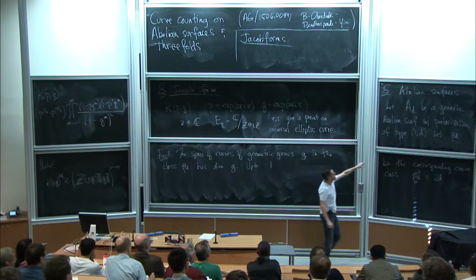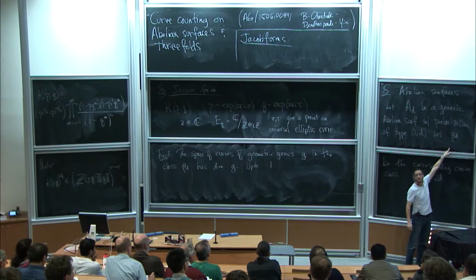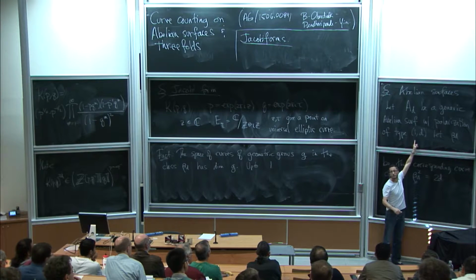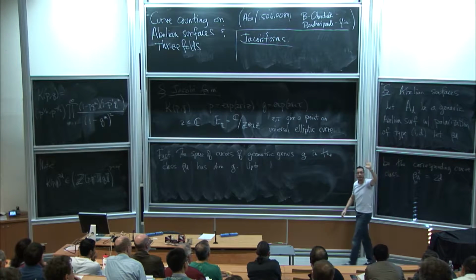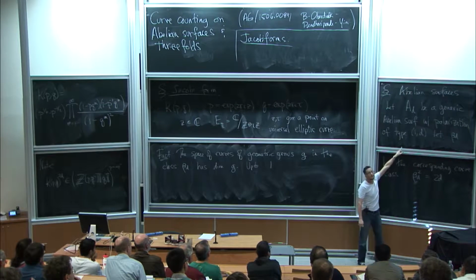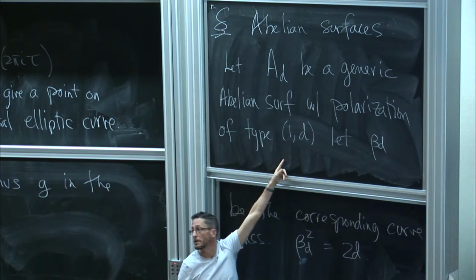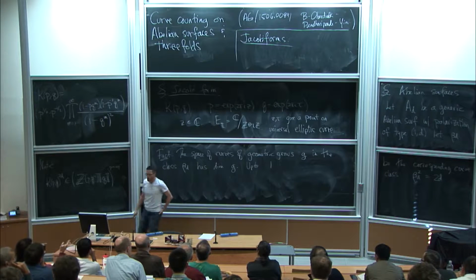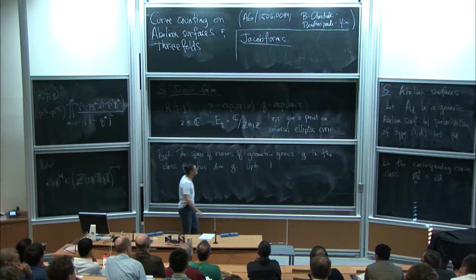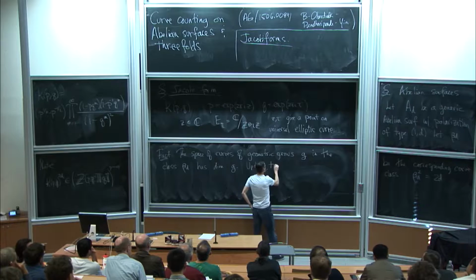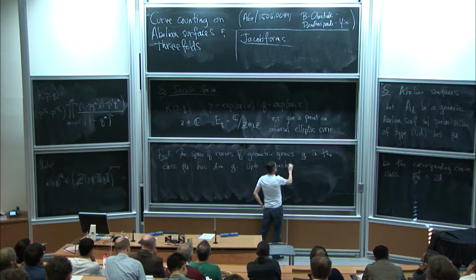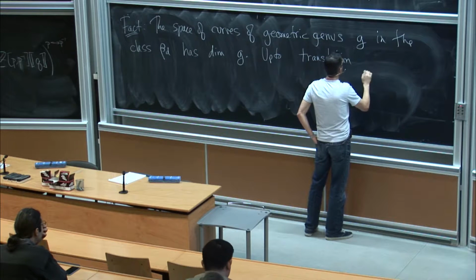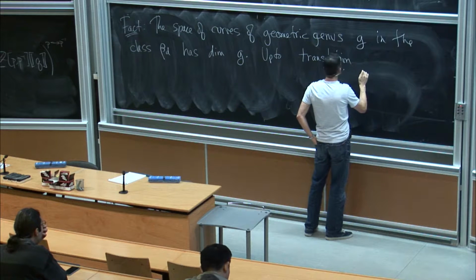No, I'm fixing this class, and the class is the one coming from this polarization. Okay, so just one class, and it's a primitive class. Yeah, they're all irreducible. So up to translation, the space has dimension G minus 2.